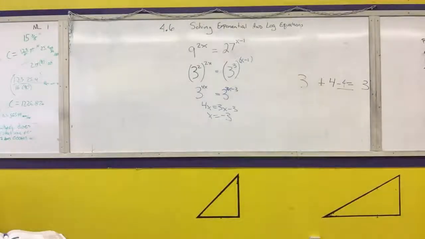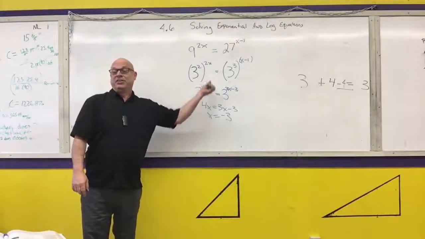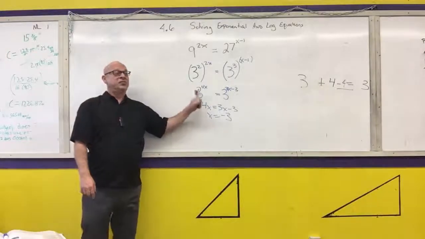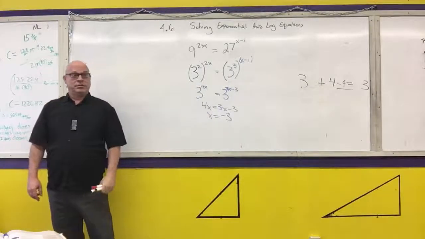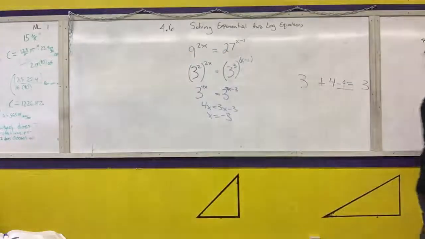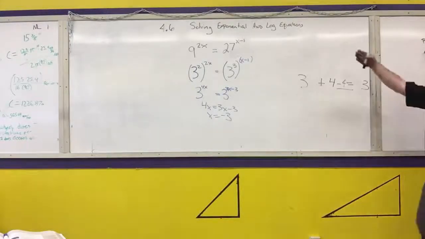What is the inverse of 3 to the? No, 3 to the is not cube root. Something to the third would be the cube root. What is our inverse function for exponentials? Logarithms. What is the inverse for 3 to the x?